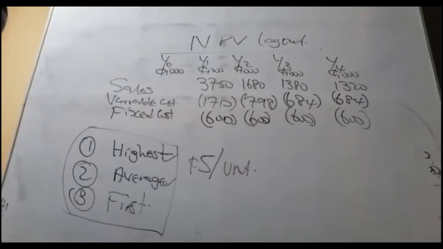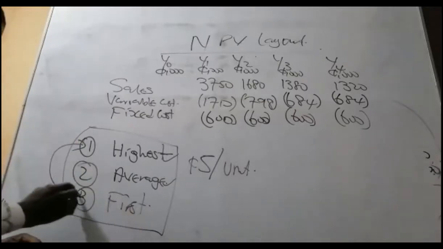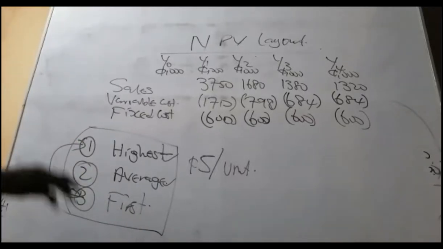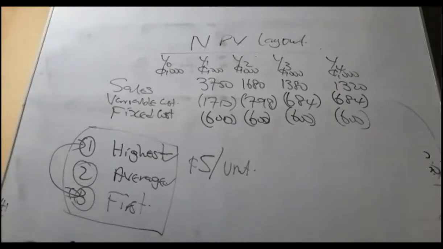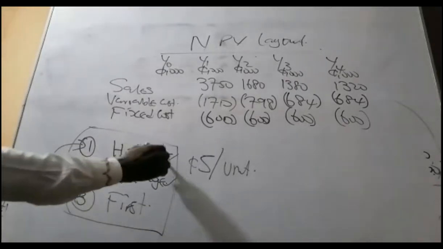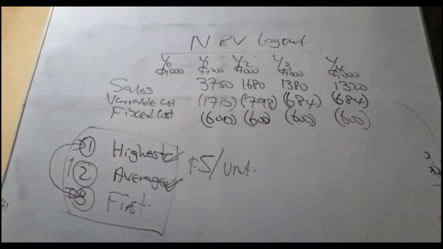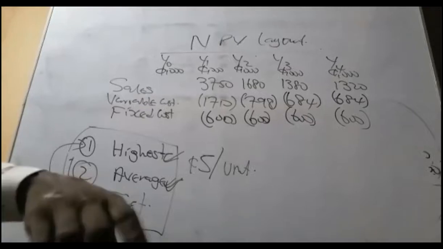And here, thank God, the first one is the highest, so it corresponds. 150 happens to be the highest and the first one, but that's not always the case. And then the average. I like these two methods, highest and average. I think that would be a very good one. Okay, I'm done with the fixed cost.